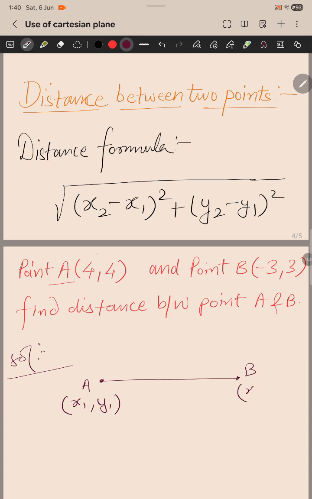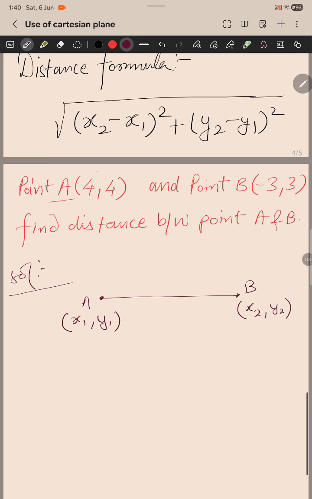Point B, its value is x2, y2. In a coordinate system, if we want to know the distance between 2 points, we work on a vector basis, because we see the direction too. I will explain this later on, but for your solution, let's see.